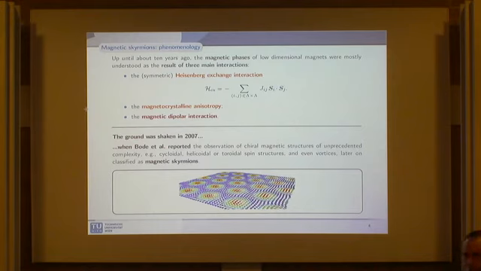They were thinking that these three kinds of main interaction were able to explain all textures that are visible in micromagnetism, at least in magnetism on the nanoscale.